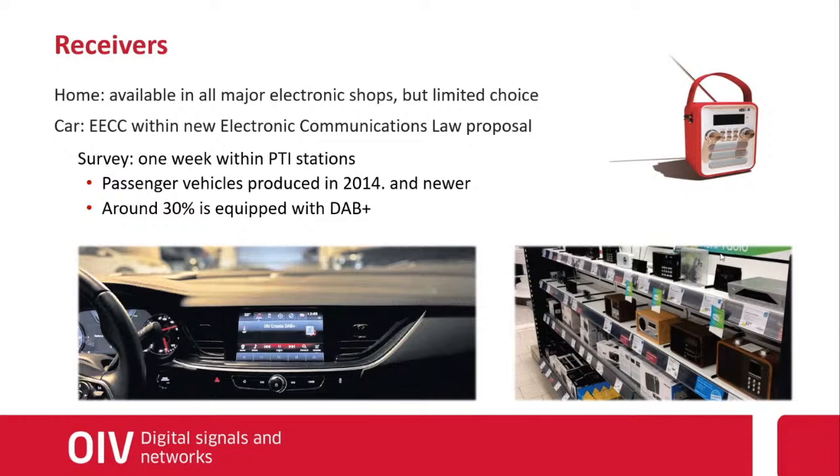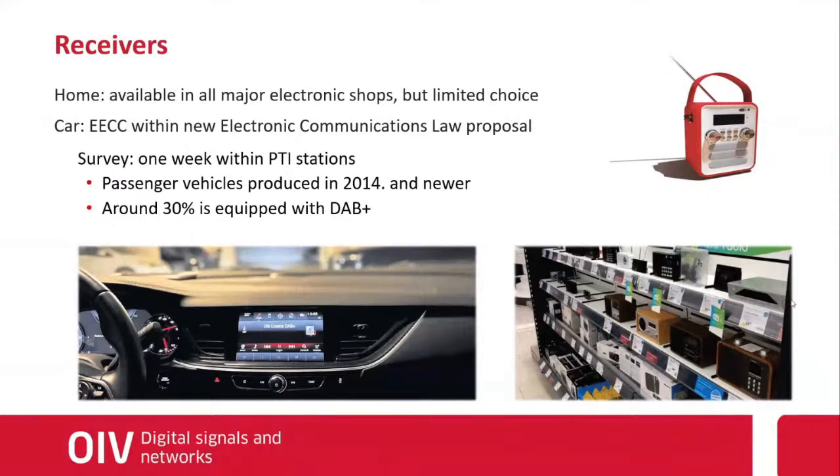And one question that always pops up when we are talking to broadcasters here is how many digital receivers or how many listeners are there? In cooperation with our Croatian Vehicle Center, recently we conducted a survey within periodic technical inspection stations across whole Croatia.